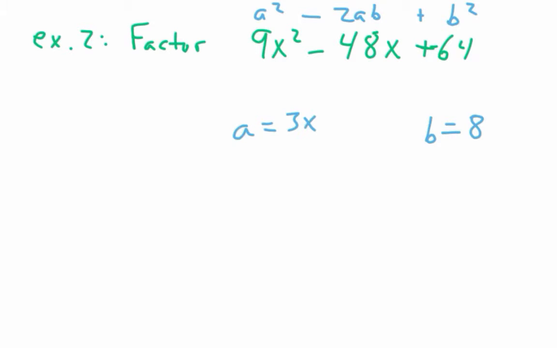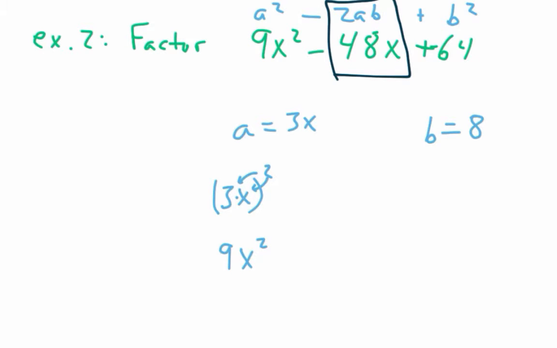Perfect, I heard a 3x. Because you agree 3x times itself is going to end up being 9x squared. That is 3 squared is the 9, and then the x squared. Basically, that 2 applies to both things in there because it's multiplication. Okay, so you saw a is 3x, and now you just have to say to yourself, okay, this middle part then, does that fit with 2ab?